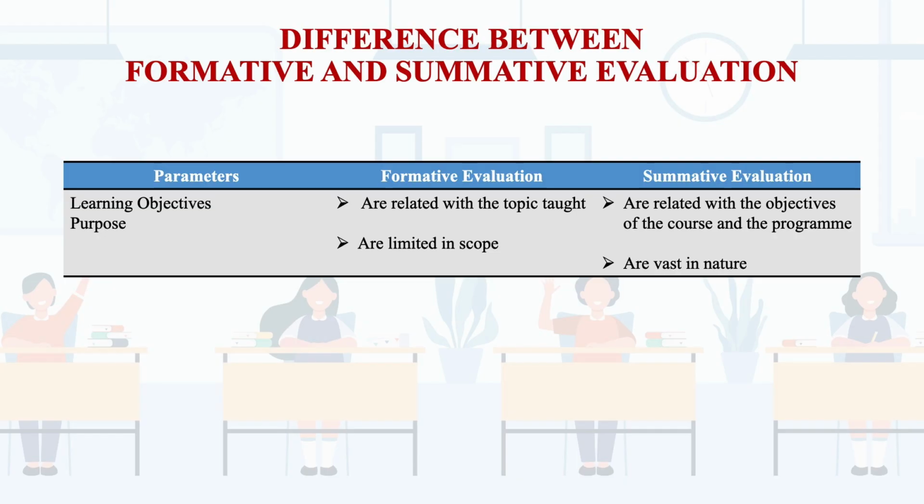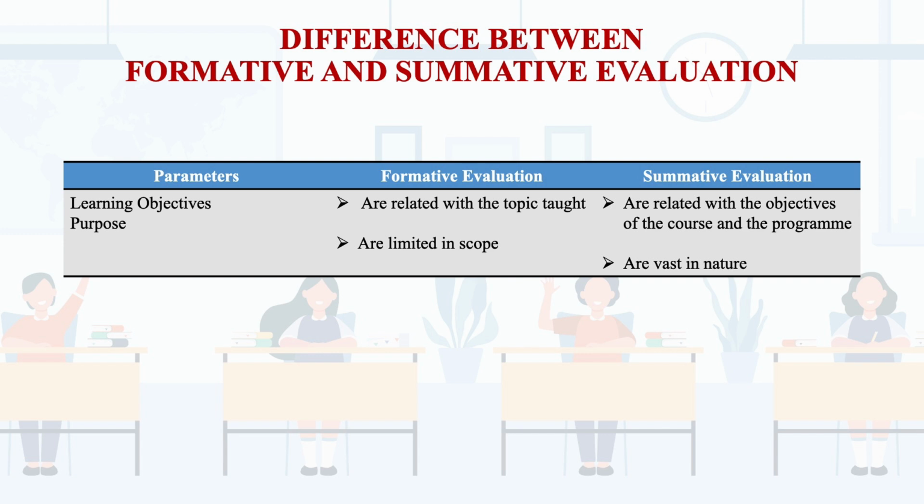And further, so far as the parameter of learning objectives is concerned, in formative evaluation it is related to the particular topic, the particular content that you are teaching. Okay. From that content only, certain instructional objectives or outcomes will be decided that the learners are supposed to achieve. And in summative evaluation, the learning objectives are related to the objectives of the course and the program.